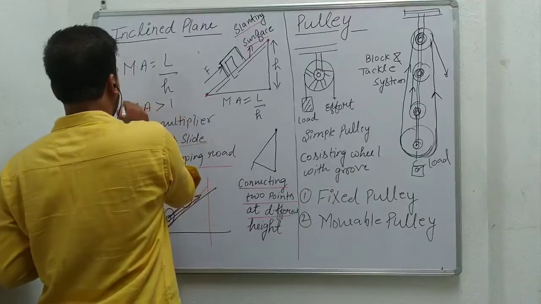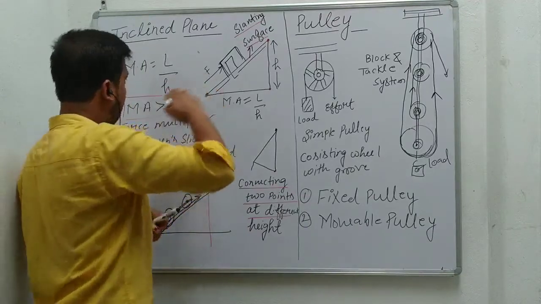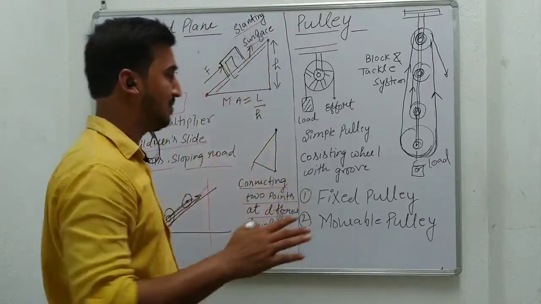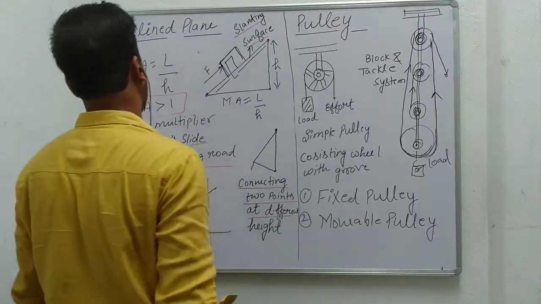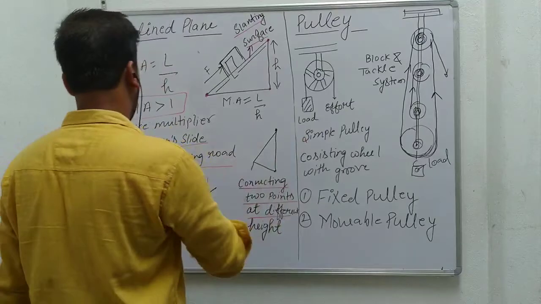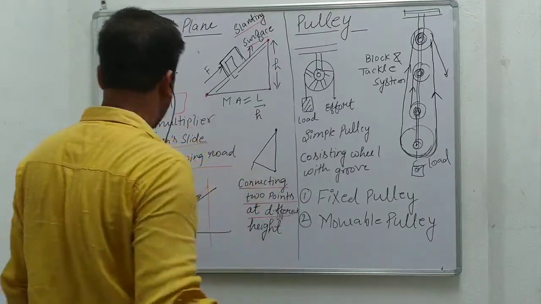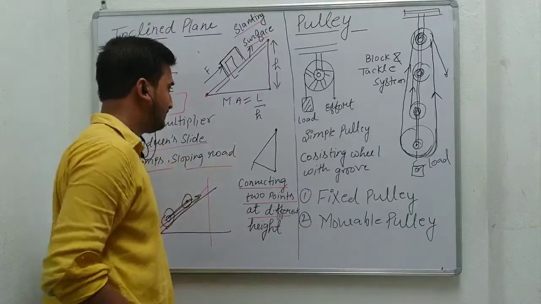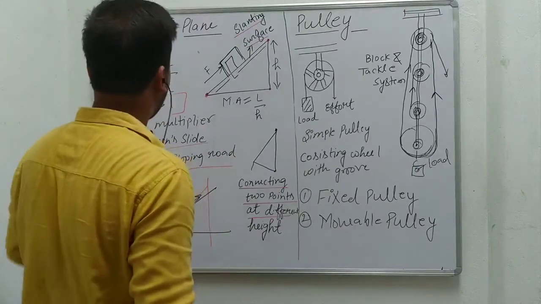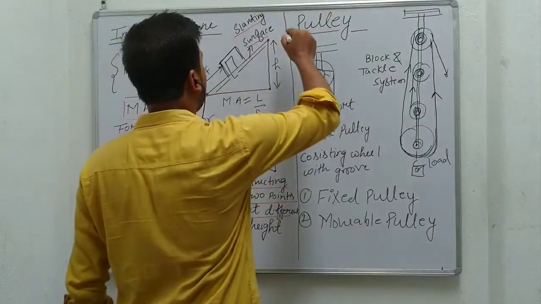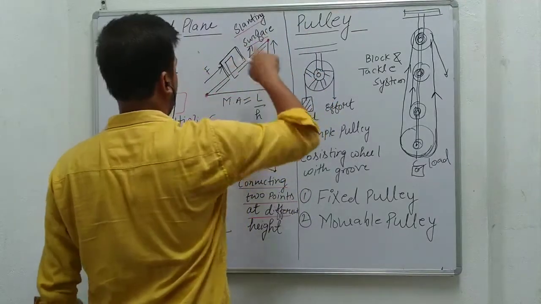The mechanical advantage in the case of an inclined plane is always greater than 1. Examples: children's park, ramp, sloping surface. Mechanical advantage always greater than 1 means the length of the slanting surface is always greater than the height.